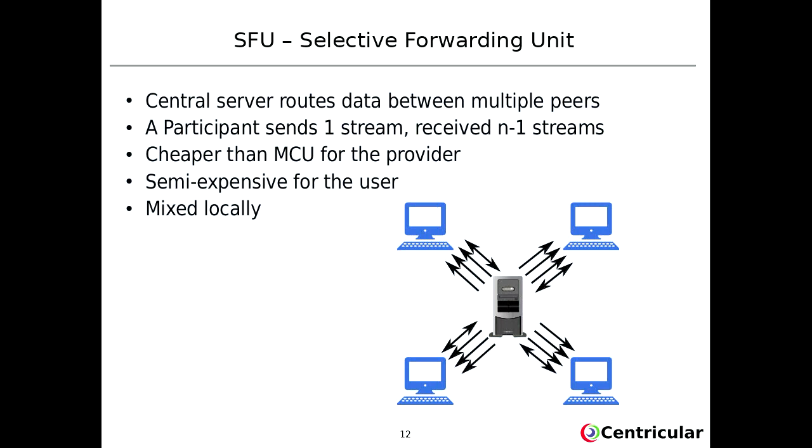The idea is that you send your stream to a central server and then it forwards that to every other peer. So for the client, the cost is relatively contained, and for the provider, the cost is also relatively contained. This approach means that the provider is not mixing per se, it's just forwarding packets from one client to another client.